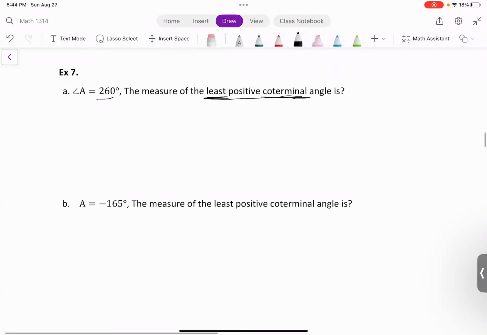Based on the angle A, 260 degrees, I can add 1 full rotation, 360. That's the smallest positive coterminal. So A prime equals 260 plus 360. What is that? That's 620 degrees. This is the least positive coterminal.